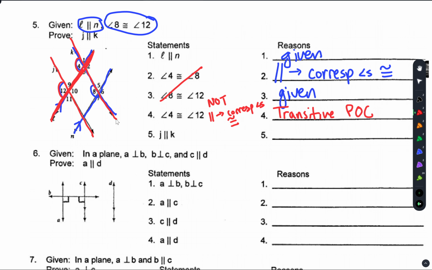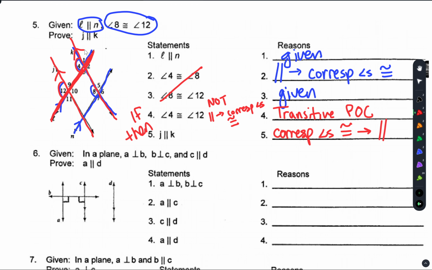Then in step 5, now I'm saying, if I have those two corresponding angles congruent, then the lines are parallel. What's my justification for that? Something implies something. What implies what? Go ahead. Corresponding angles congruent now are going to imply that these two lines must be parallel.